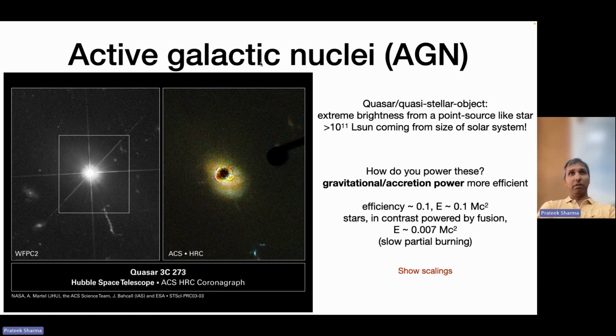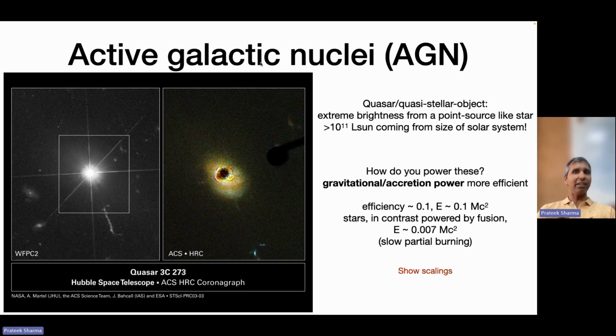AGN. So traditionally galaxies are a collection of stars, but slowly and steadily we have realized that most galaxies have supermassive black holes at their centers. And that makes a huge difference for the evolution of the galaxy and for other properties of galaxies as well.